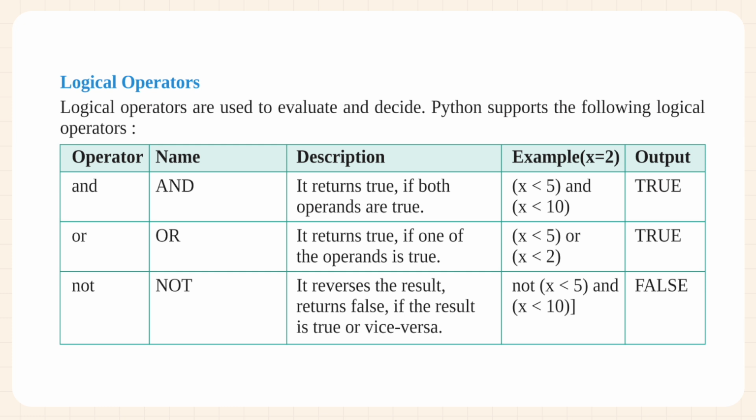Logical operators. Logical operators are used to evaluate and decide. Python supports the following logical operators. Operator, name, description, example: x = 2. Output: and. It returns true if both operands are true. x < 5 and x < 10, true. Or.